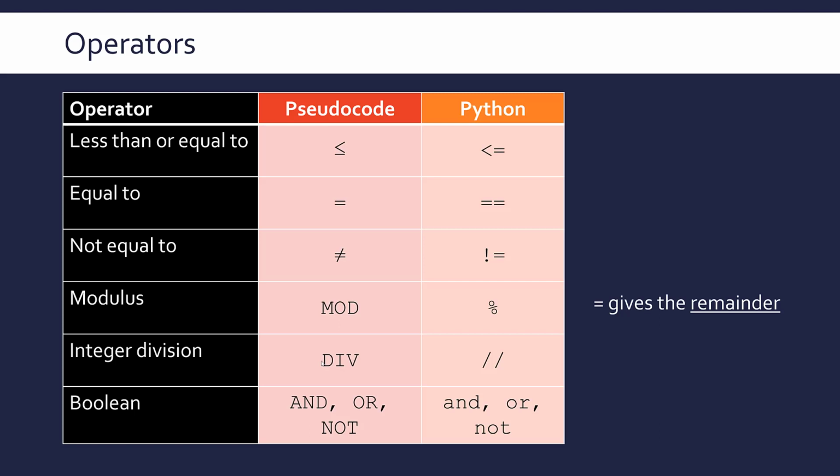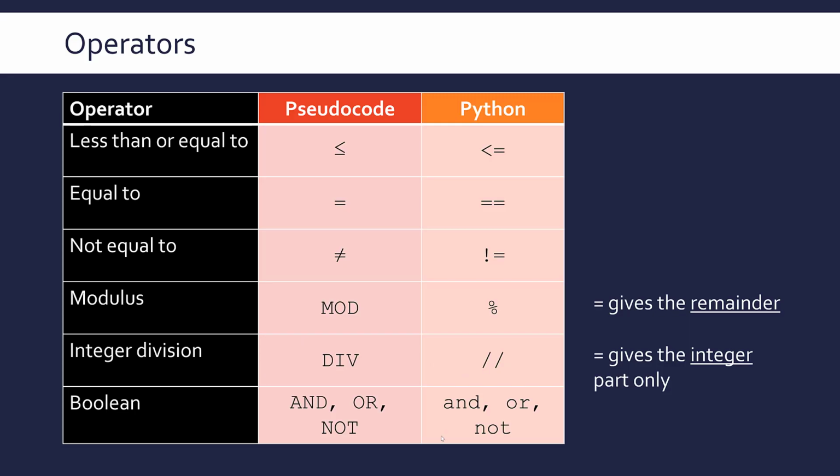Normal division, which is also called real division, will be a single / in AQA pseudocode, but div will be the integer division. Now, that just gives you the integer part only. So for example, 9 div 2 would give you 4, not 4.5, which is what real division would give you. Python doesn't have div as a keyword, it has 2 / representing integer division.